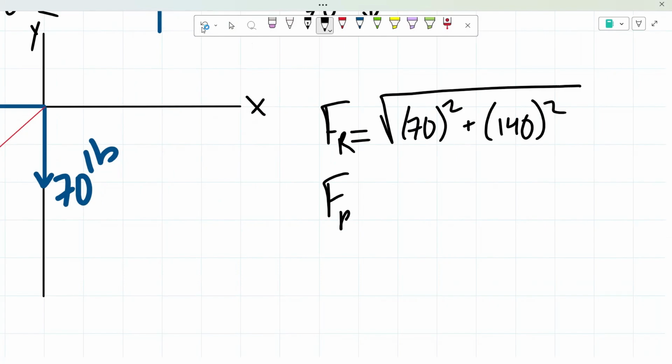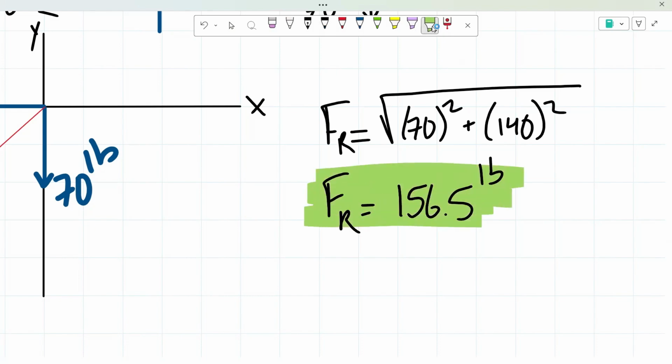So that means that our resultant force is equal to 156. Sorry, that is not underneath the square root. That's already outside. So 156.5 pounds. That's our resultant force.